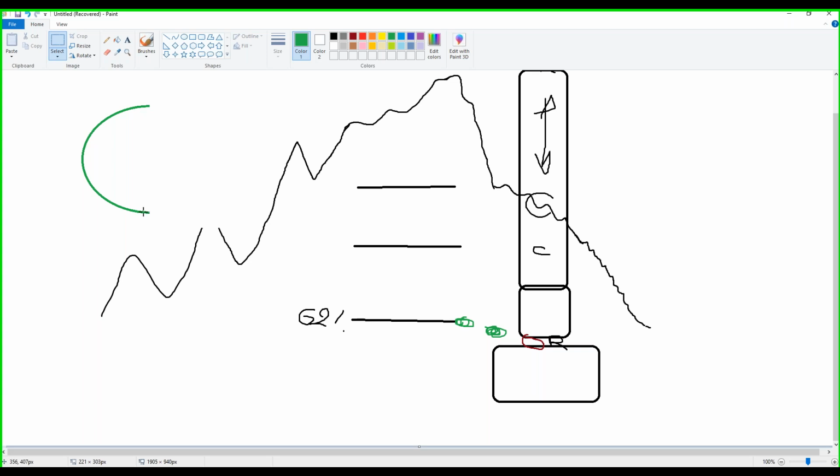It looks like a dome. The value area of this zone is this. It's 68% of the zone. So the value area is here, the entrance, the exit, and this is the value area.